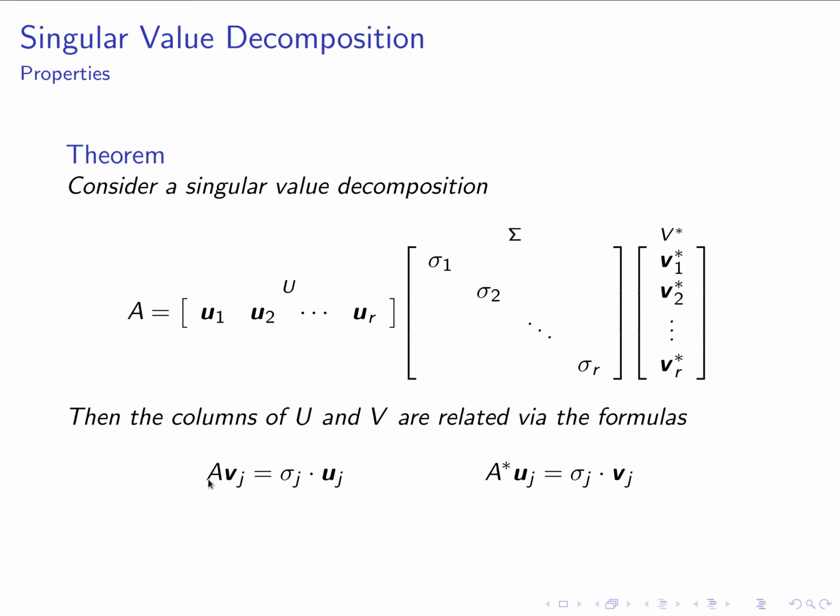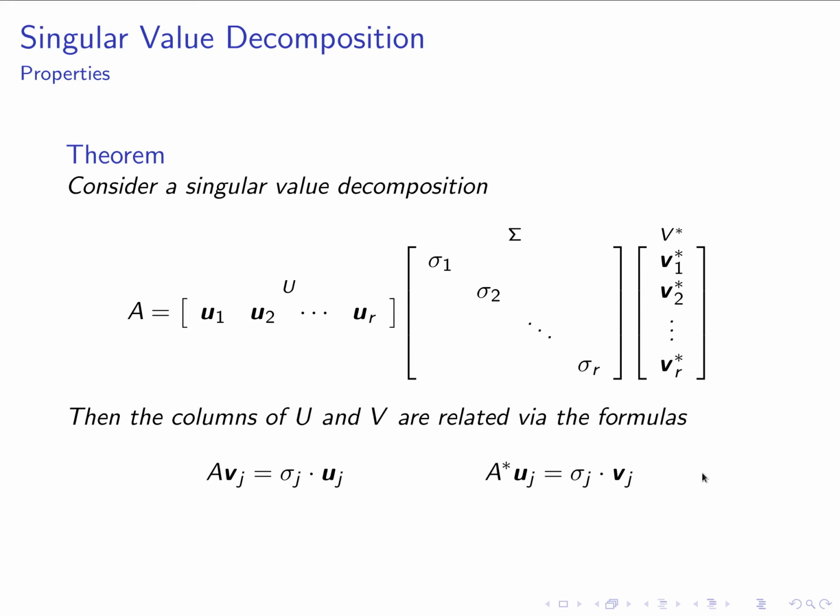If we take our matrix A and we multiply by the jth column of V, this is guaranteed to equal the jth singular value multiplied by the jth column of U. On the other hand, if we take the jth column of U and multiply by the conjugate transpose of A, this is guaranteed to equal the jth singular value of the matrix multiplied by the jth column of V. So here what we're looking at are formulas that relate the columns of U and V to the matrix A and its singular values.